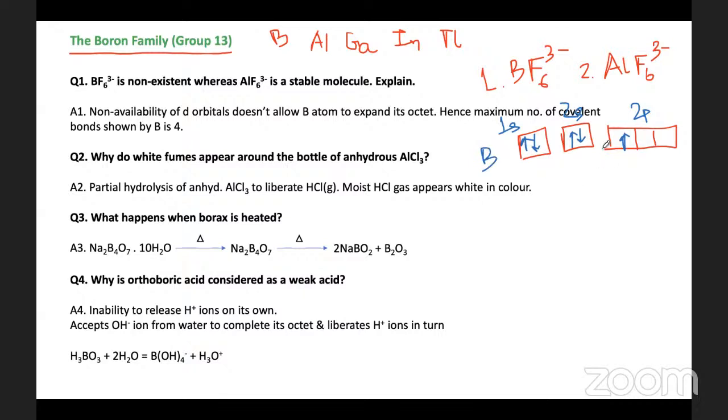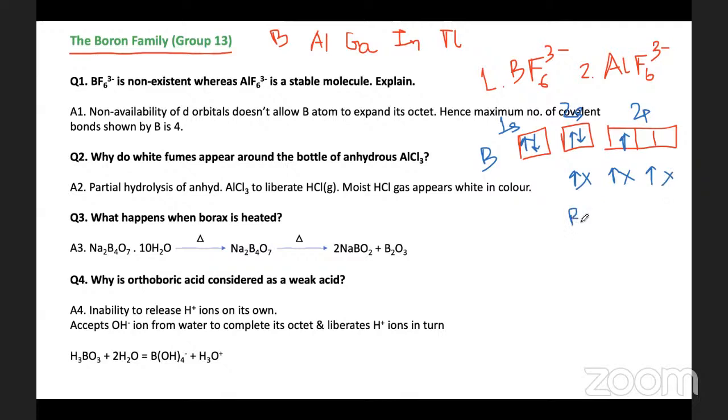Now, if we excite 1 electron to the 2p orbital, we have 3 unpaired electrons. So in the excited state, we have 3 electrons for boron. These 3 can bind with the electrons derived from the fluorine atoms.